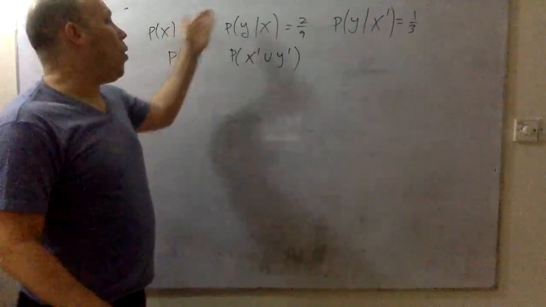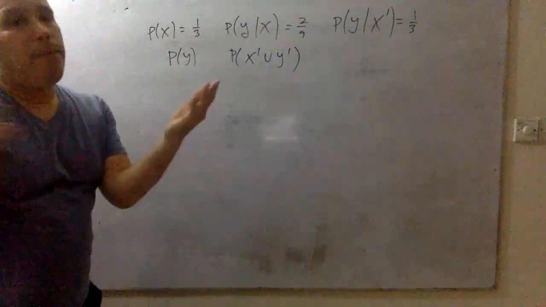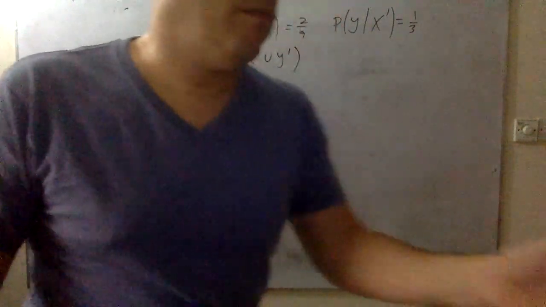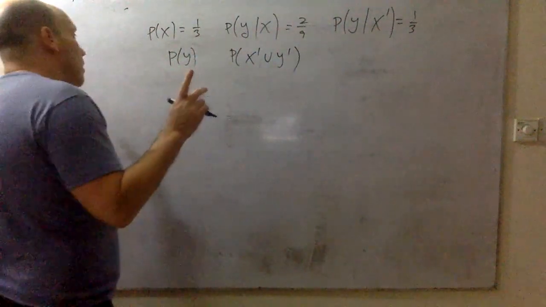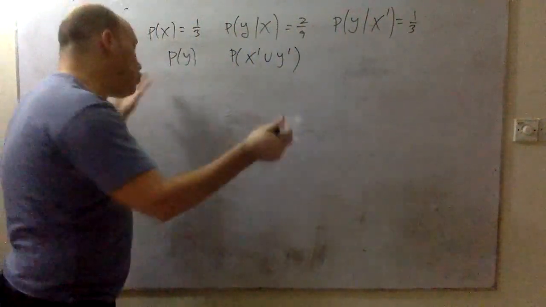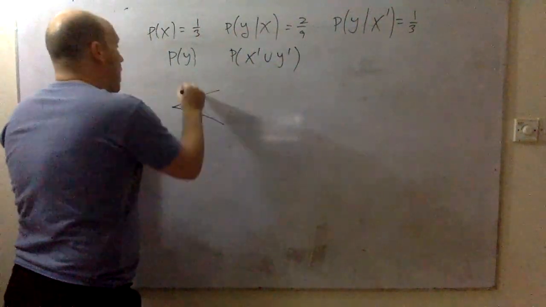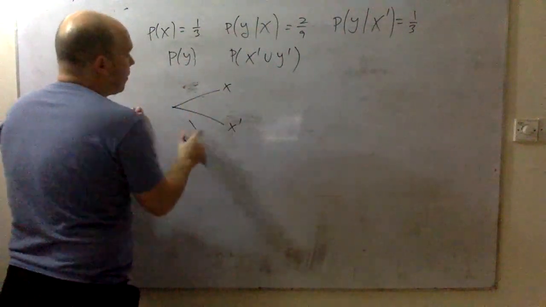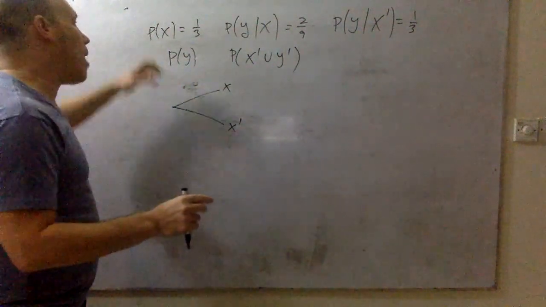Well, the second you see all these conditional probabilities, make a tree. Make a tree. So you're like, fine. It's clear that X or not X occurred first. So there's X and not X. That's fine.